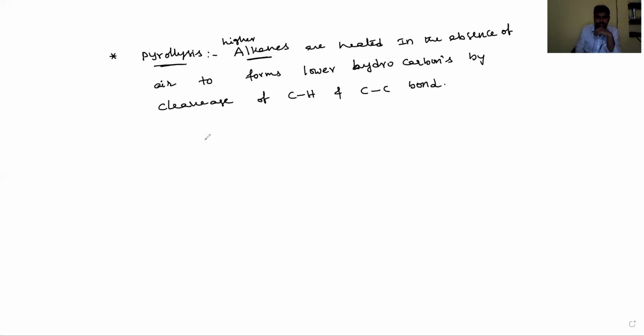For example, ethane CH3-CH3, on heating, that is pyrolysis, at 450 degrees Celsius, the CH bond will break to produce CH2=CH2 plus H2.